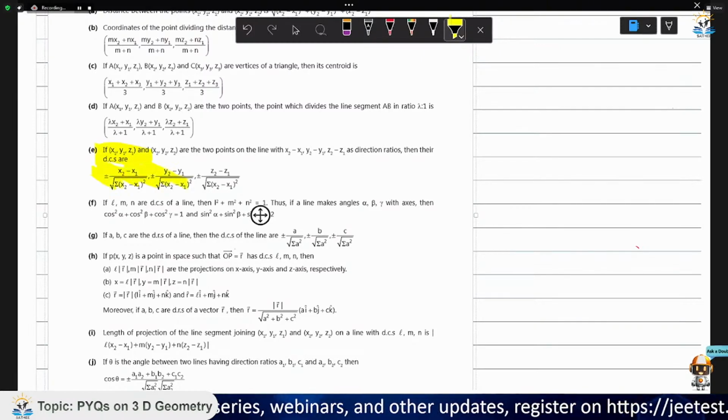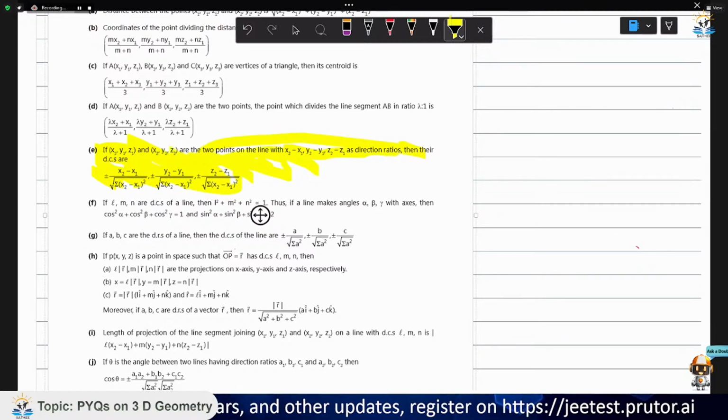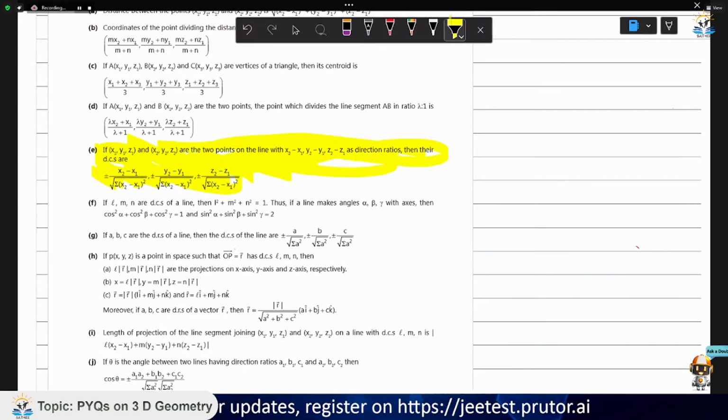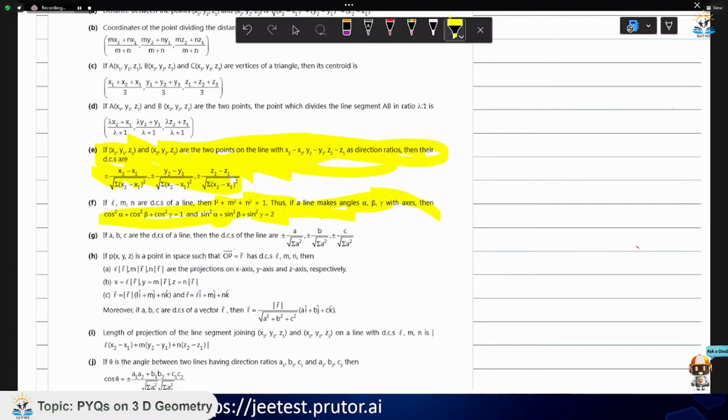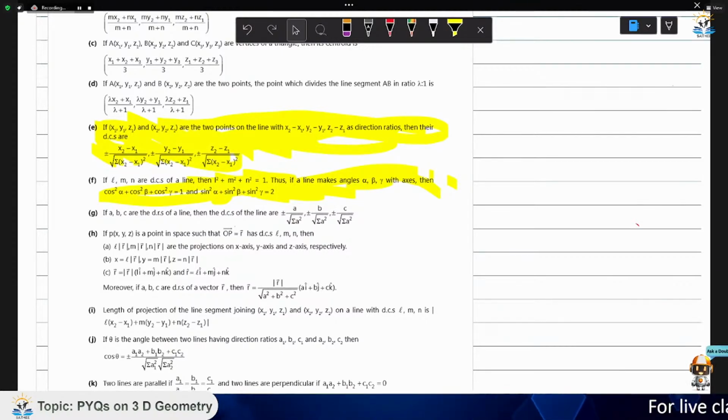What the direction ratios and direction cosines basically are. Okay. And the other thing that we have, if l, m, n are the direction ratios, so this again is important. So again, I'll highlight this for you guys. This was a question also that we did earlier. Then if a, b, c are the direction ratios of the line, then the direction cosines are given by this.